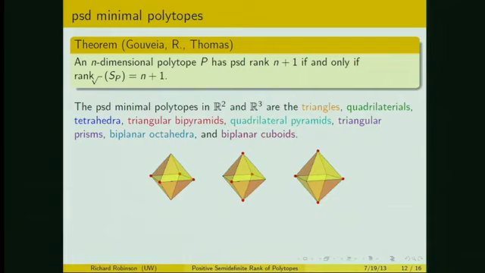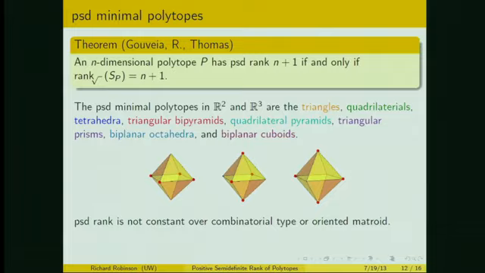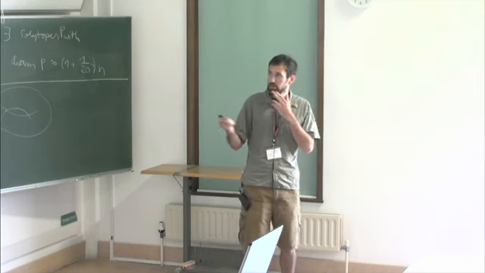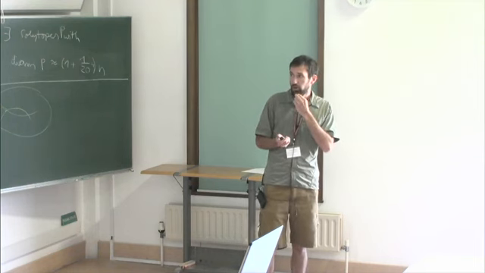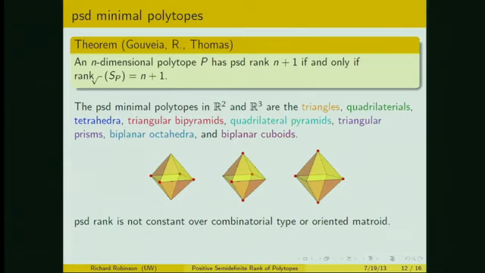And the only remaining class is biplanar cuboids, which are the polars of the biplanar octahedron. Okay, so this example shows that PSD rank is not constant over combinatorial type. Now there is an object from polytope theory called the oriented matroid, which encodes the coplanarities of all the vertices.